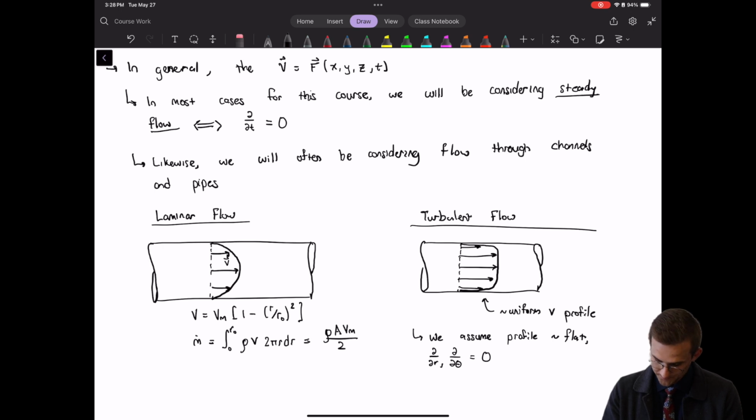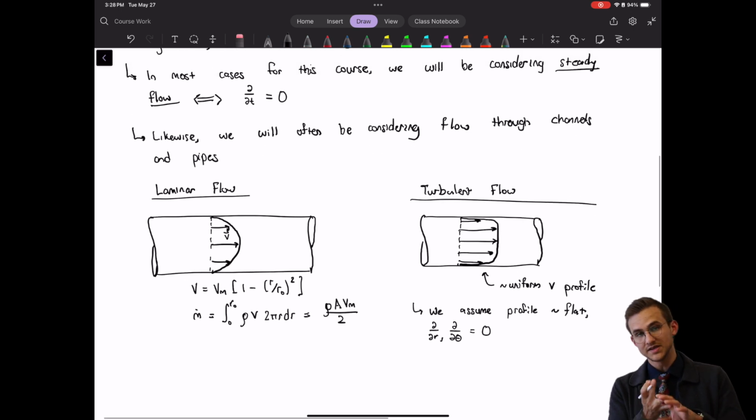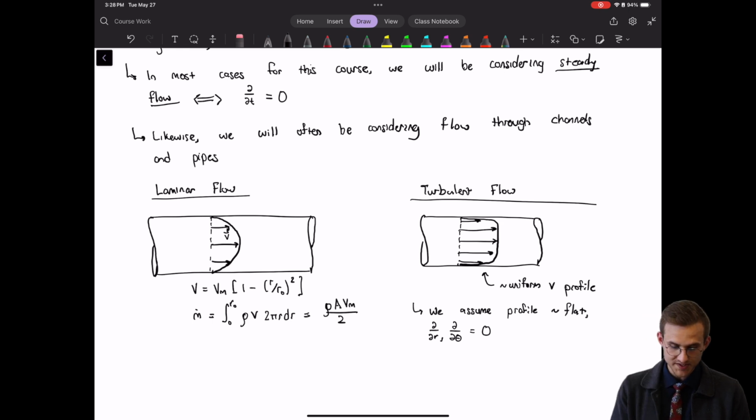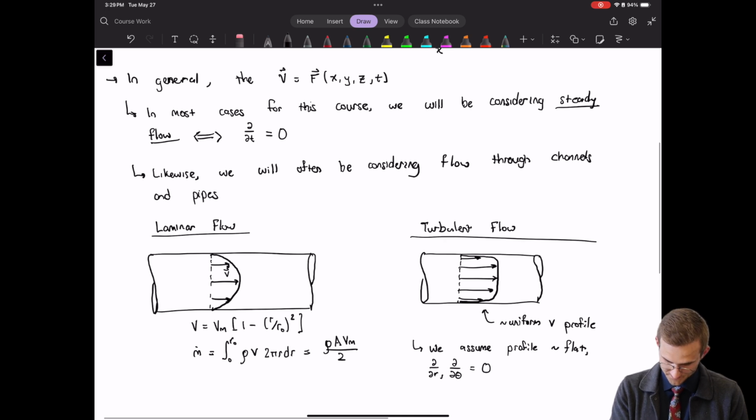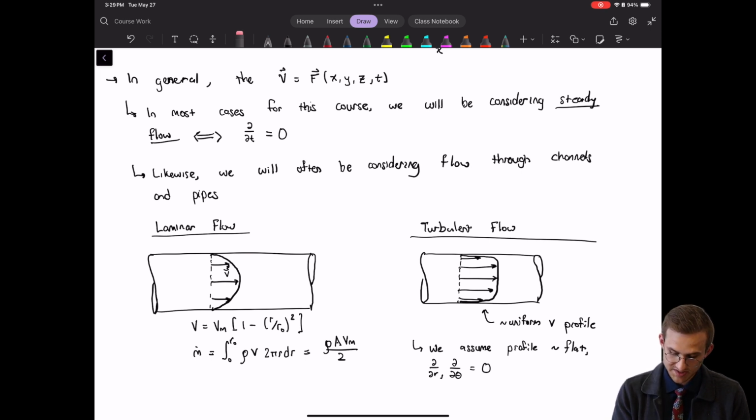Okay, so for that reason, imagine we have steady flow and it's turbulent. What you end up with is that you only have variation along one dimension. So up here at the top, we had x, y, z, and t. Imagine z is the direction along the length of the pipe. What we've shown is that for turbulent flow, there is no variation in x or y, and there's also no variation in t because we're assuming steady flow.